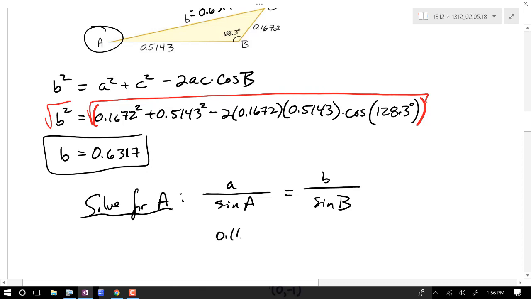So 0.1672 over sine of A is equal to 0.6317 over sine of 128.3.